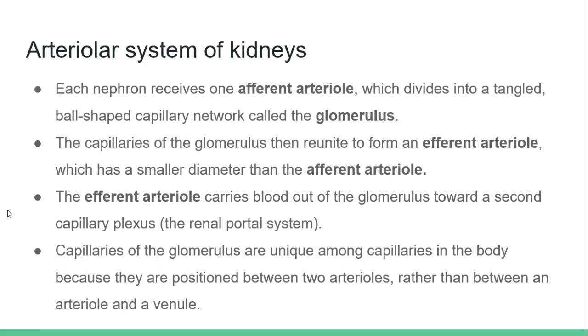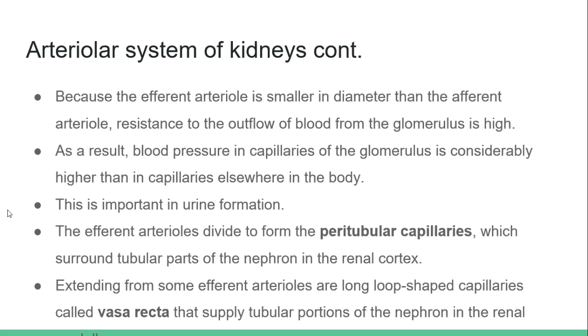The efferent arteriole carries blood out of the glomerulus towards a second capillary plexus, the renal portal system. Capillaries of the glomerulus are unique among capillaries in the body because they are positioned between two arterioles rather than between an arteriole and a venule.